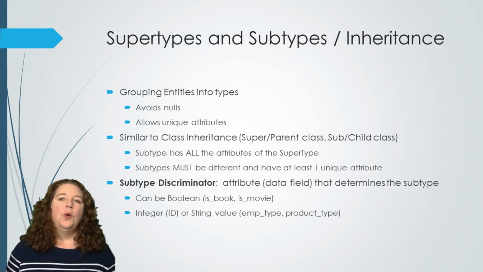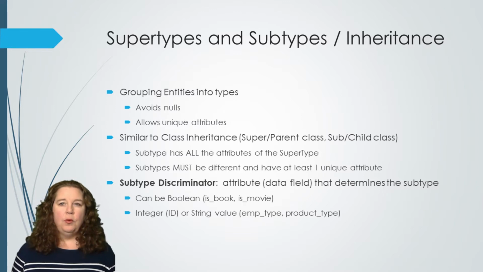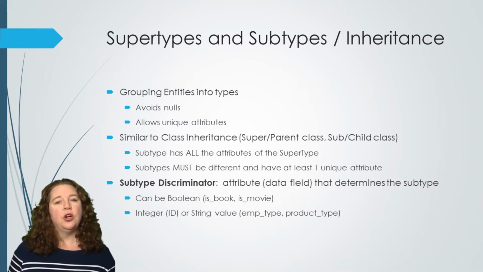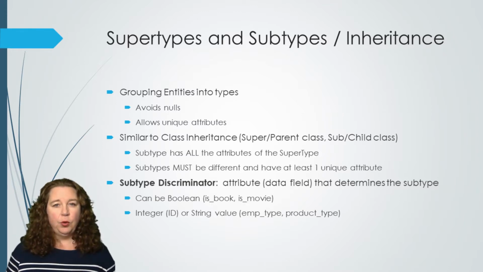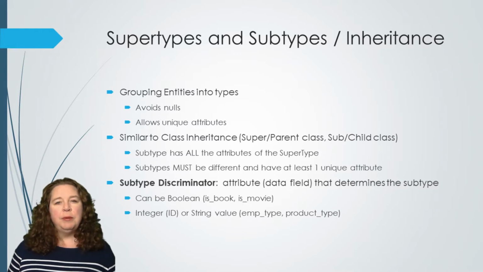So when we have a subtype, we have what we call a discriminator, or the attribute that exists in our supertype class to tell us what subtype we're going to do. You've seen this in a couple of the diagrams that you've already used, where we're talking about an employee type, or maybe with the pilots, the medical type.